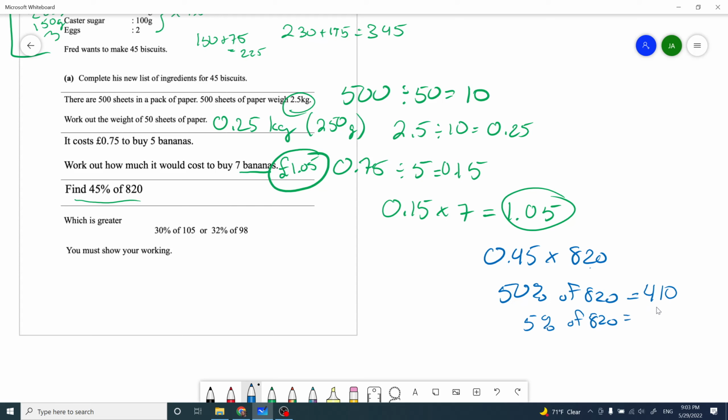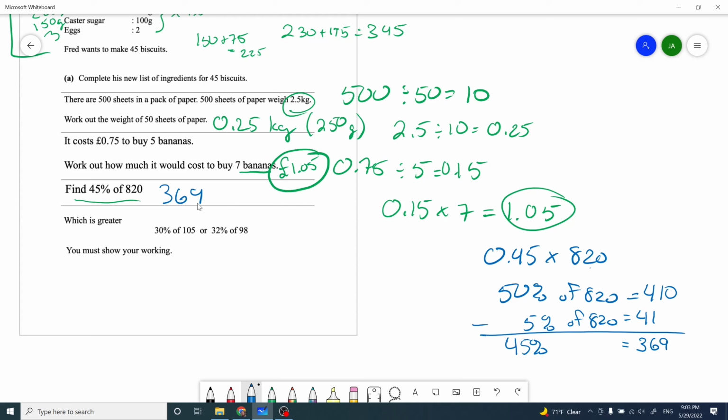So if I take this and just divide by 10, I know that 5% is going to be 41. And if I subtract 50% minus 5%, this is going to be 45%. I could just take 410 minus 41. So this is going to give me 369. So 45% of 820 is 369.